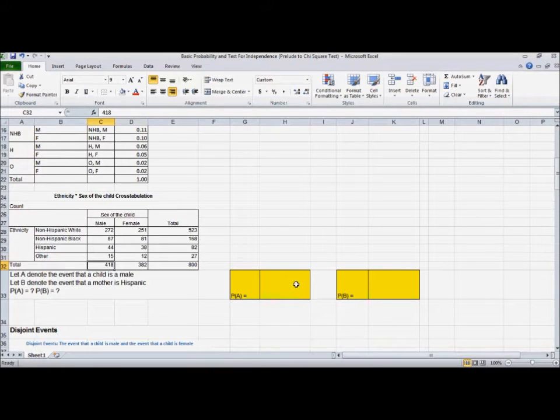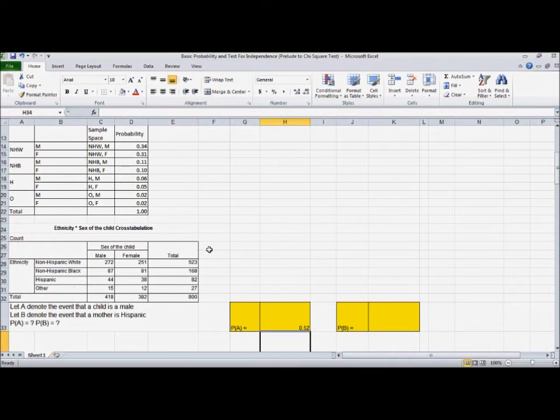So in this case, for the probability of a male child, we see the count is 418. Our sample size is 800. So we simply take 418 over 800, and that is the probability of a male child. Now look back at our sample space.